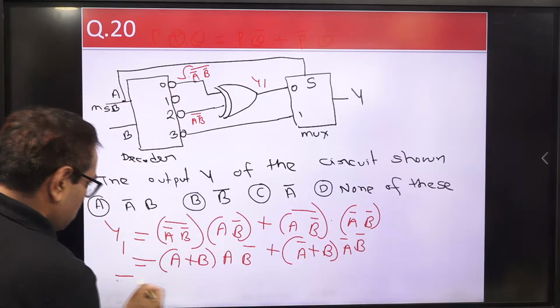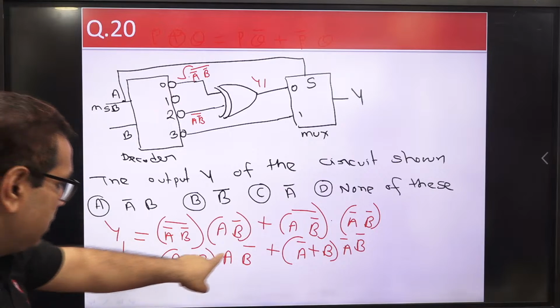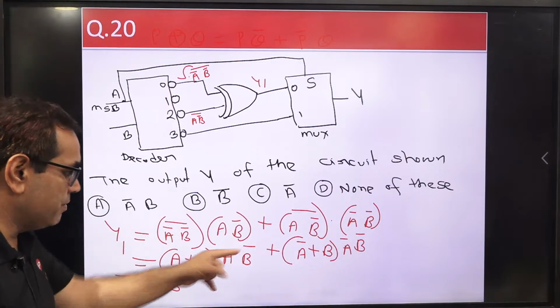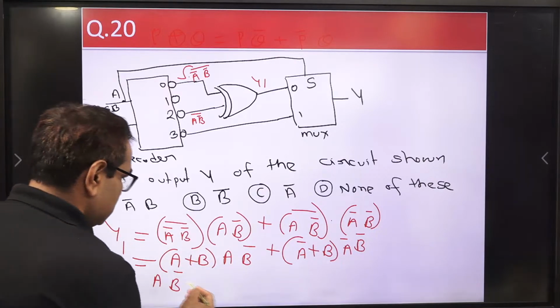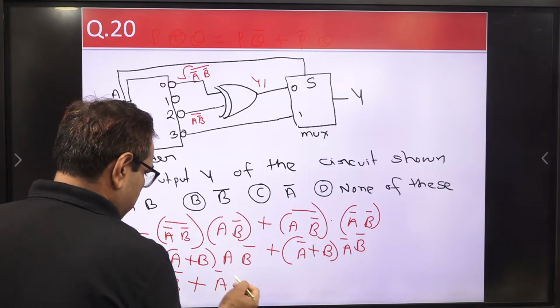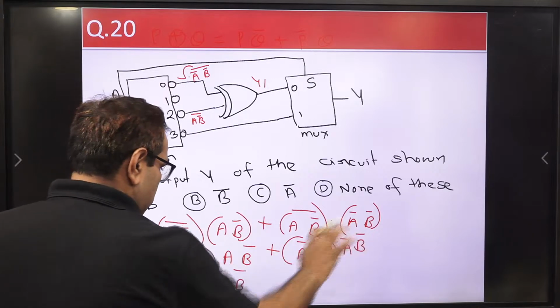Now A into A B bar gives A B bar, B into B bar is 0, plus A bar B bar, and B into B bar is 0.